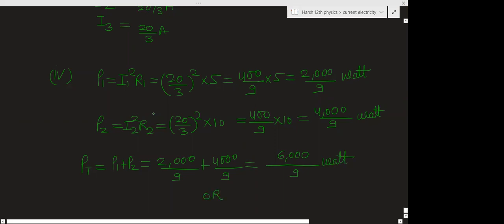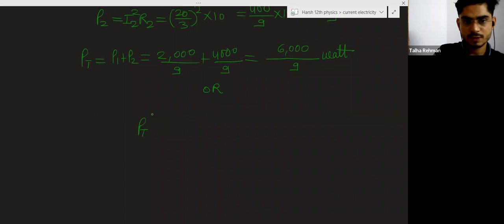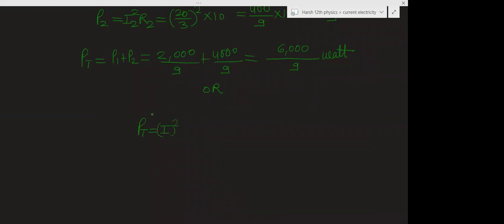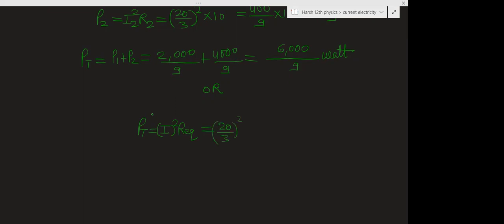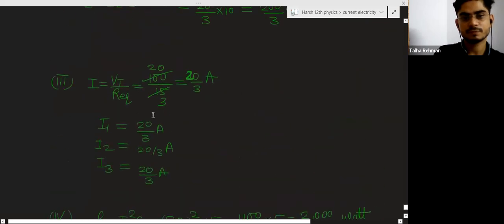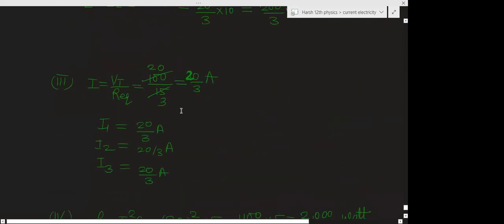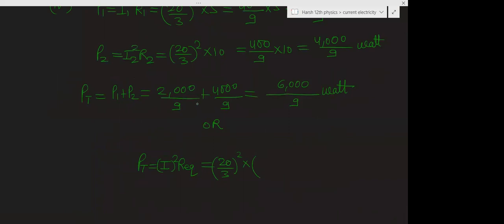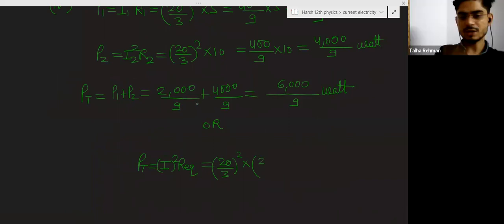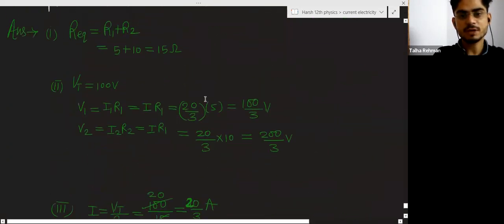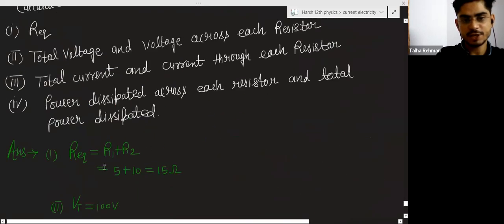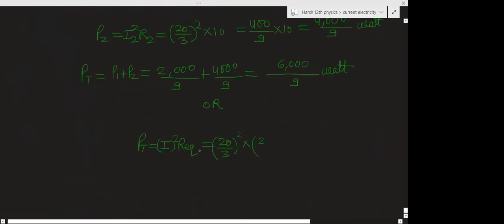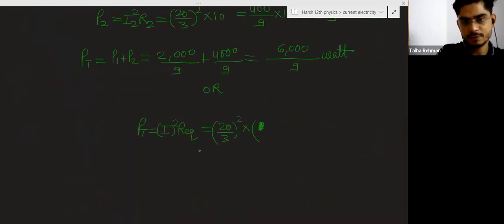I have told you one more method to calculate the total power. Take I square into R equivalent. I square we have 20 by 3 whole square. And R equivalent we have 15.